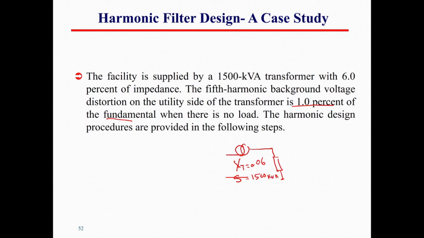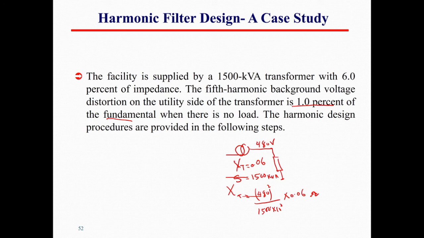From here we can calculate the impedance of the transformer in ohm, and this voltage, of course, is 480 volt. It is equal to V squared divided by 1500 times 10 to the power 3 times 0.06, so that will give us the transformer impedance in ohm.